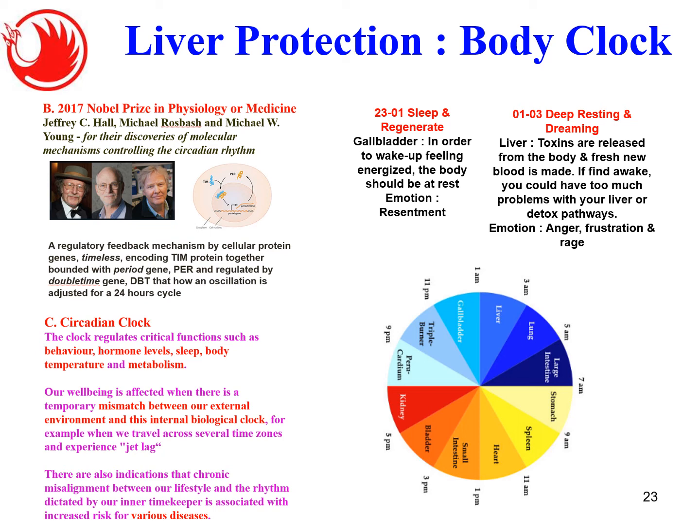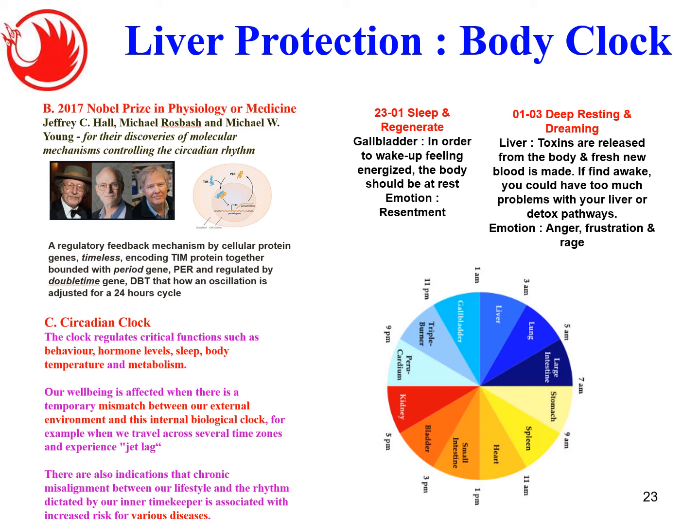In order to wake up feeling energized, the body should be at rest at this time. Otherwise, your emotions will be affected the next day, showing in resentment. Another example in the circadian rhythm clock, from 1 to 3 a.m., we should be in deep sleeping mode, resting and dreaming. In the TCM perspective, at this time, the affected organ is the liver.